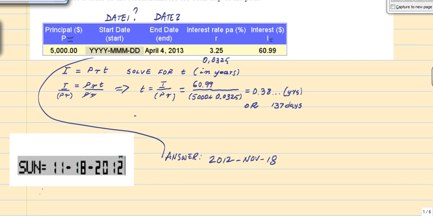Now Lyryx expects the answer in the following order. First the year, so we type 2012, then dash, November, and dash 18. So 2012 November 18.